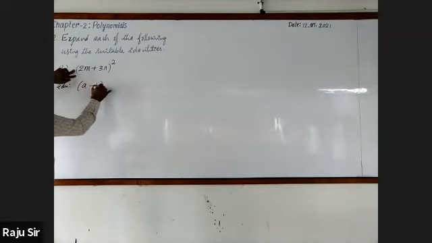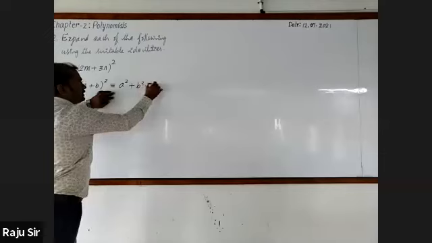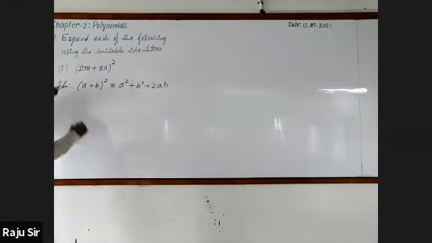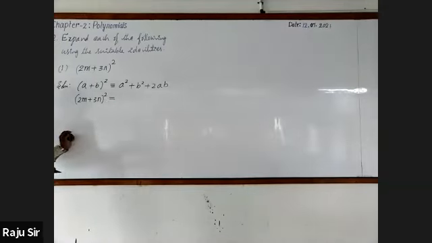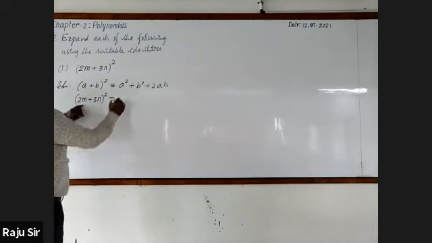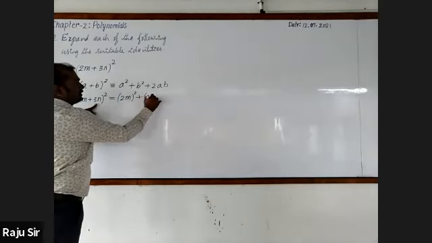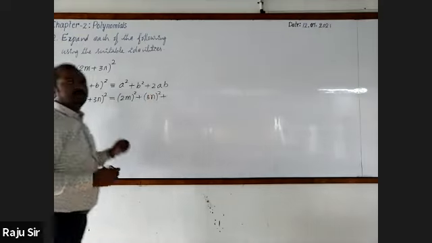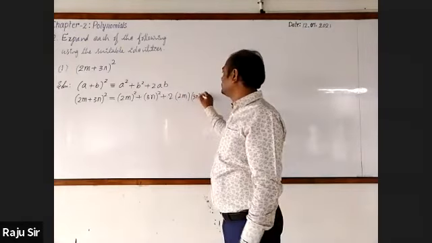(a + b) whole square is exactly equal to a square plus b square plus 2ab. (2m + 3n) whole square is equal to (2m) whole square, in place of b write 3n, (3n) whole square, plus 2ab: 2 into 2m, b is 3n.